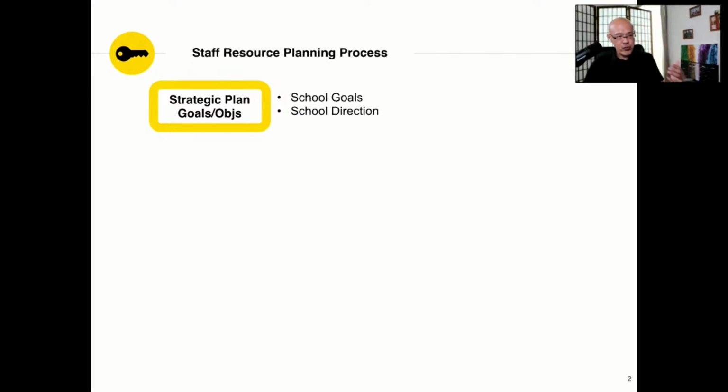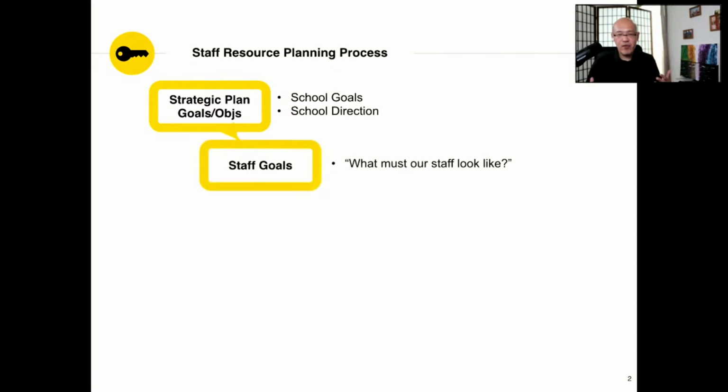Now, once you know the focus, the direction, and the goals of the school, the next step is to ask yourself, what kind of staff must we have, or what must our staff look like in order to help us achieve those goals? And so this is really crafting how you want your staff to be.